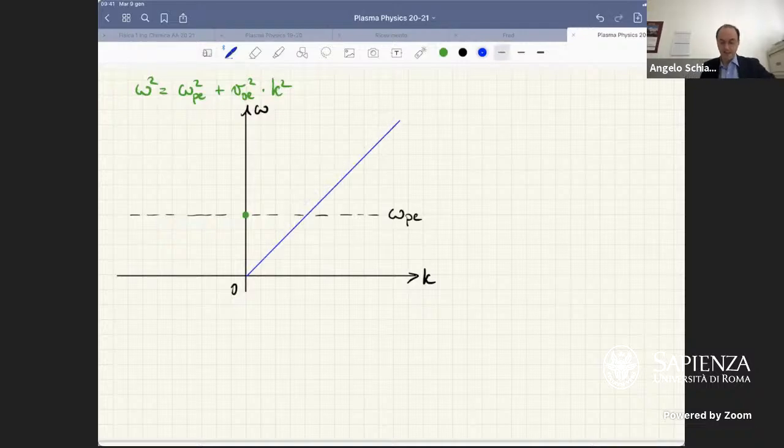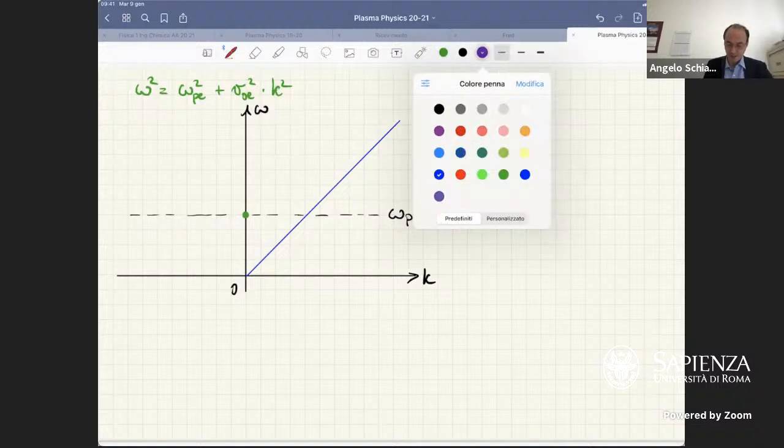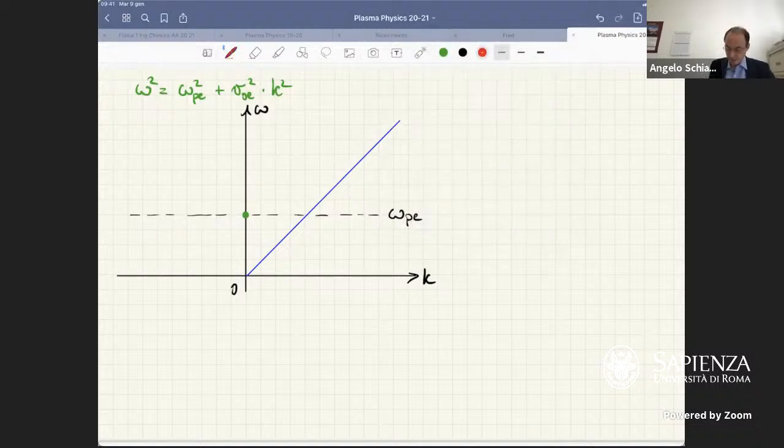Okay, and the asymptotic regressive wave, and our relation is represented by, oh no, the other way, sorry.